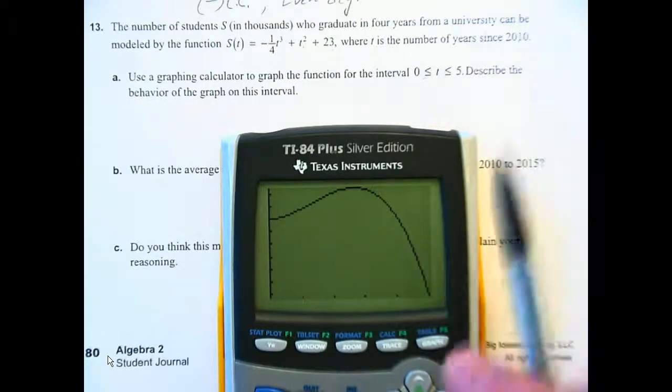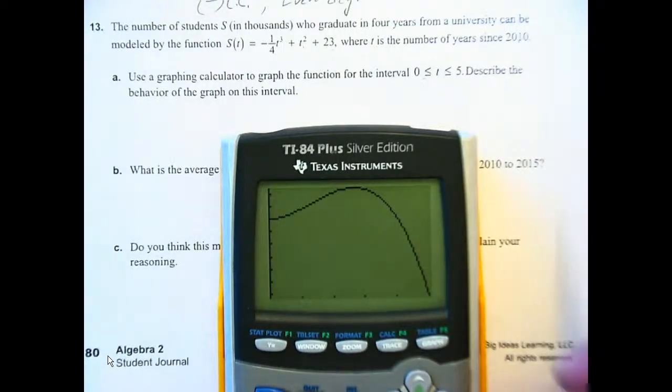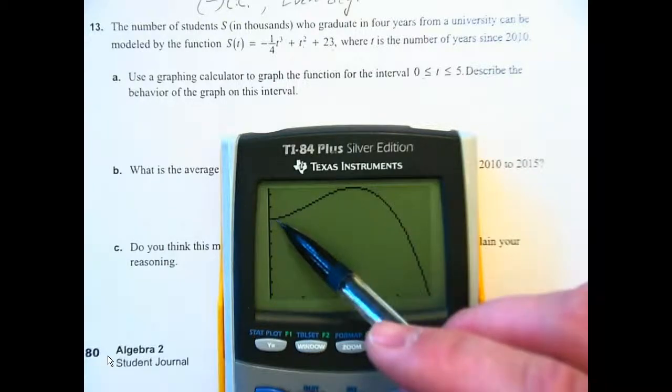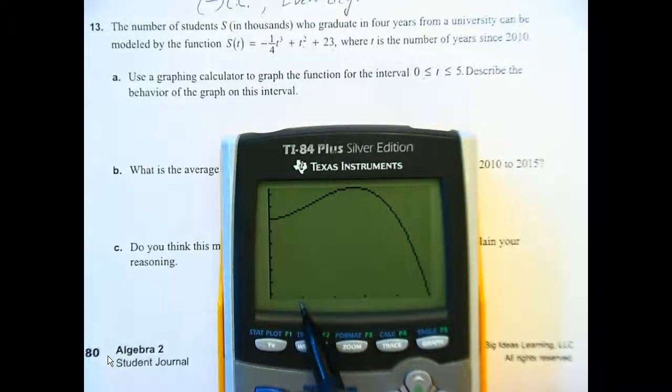Describe the behavior of the graph in the interval. Okay, looks like from 2010, which is here. That's 2011, 12, 13, 14, and 15. Okay, so from 2010 to about 12-ish, or halfway through 12, my graph is doing what?